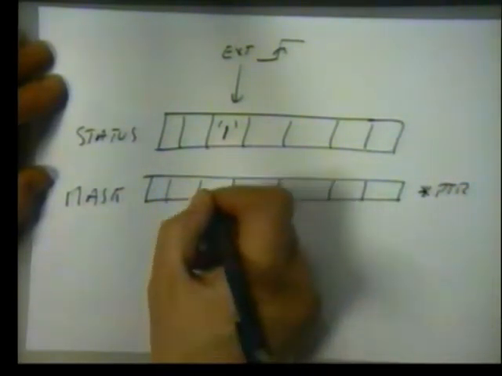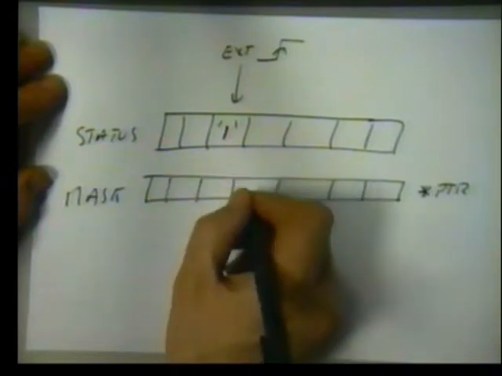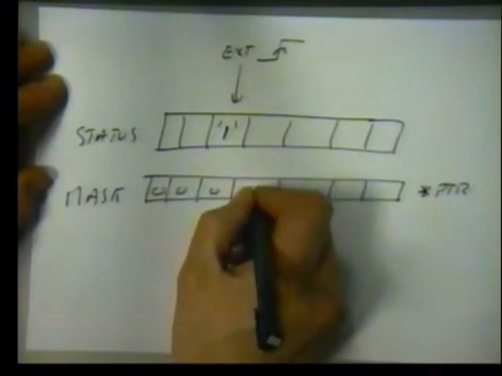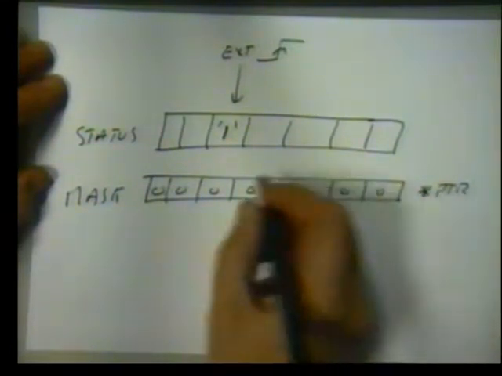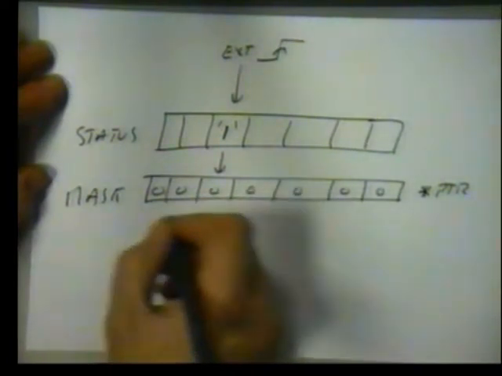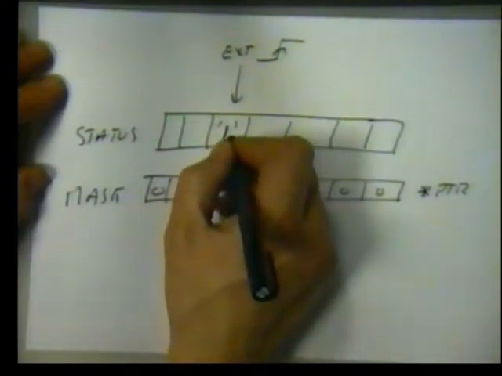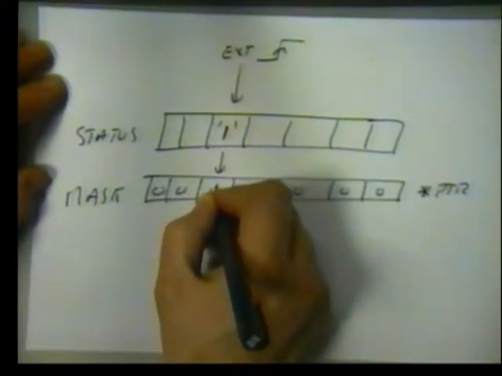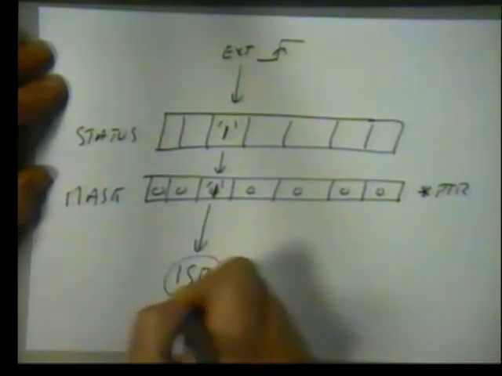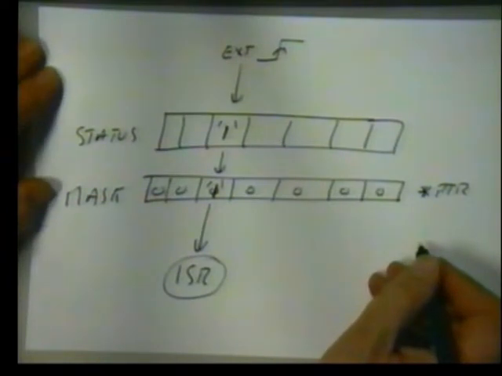That is used to enable or disable specific interrupts. So if you were to write 00000 into it, then that interrupt will never be seen, because only if both the status is true and the mask is true will the interrupt service routine be executed.